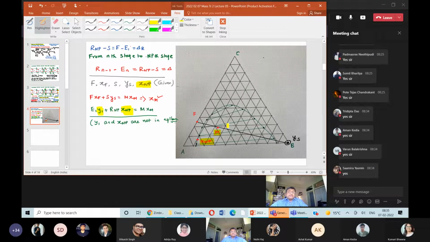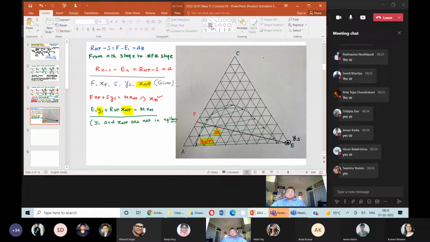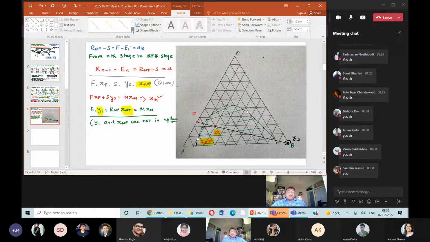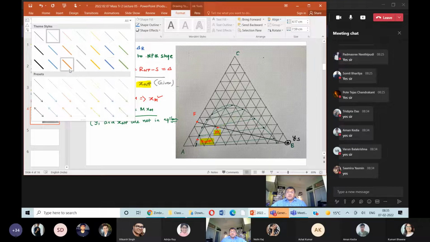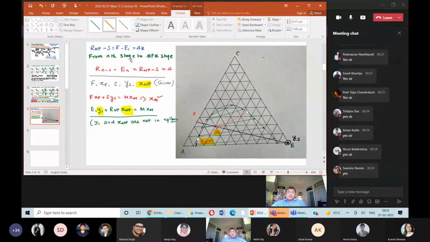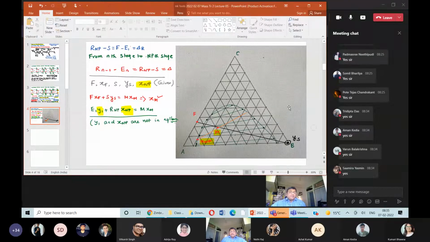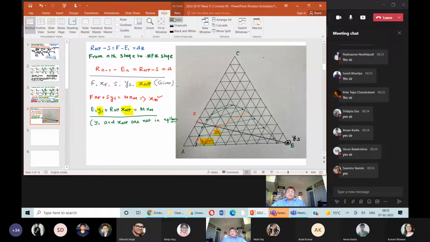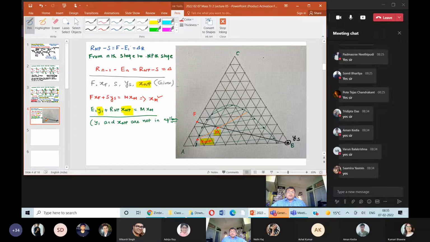So Samira, what next? We can join these two points, X_NP and M, and extend it to get E. Is this clear to all?